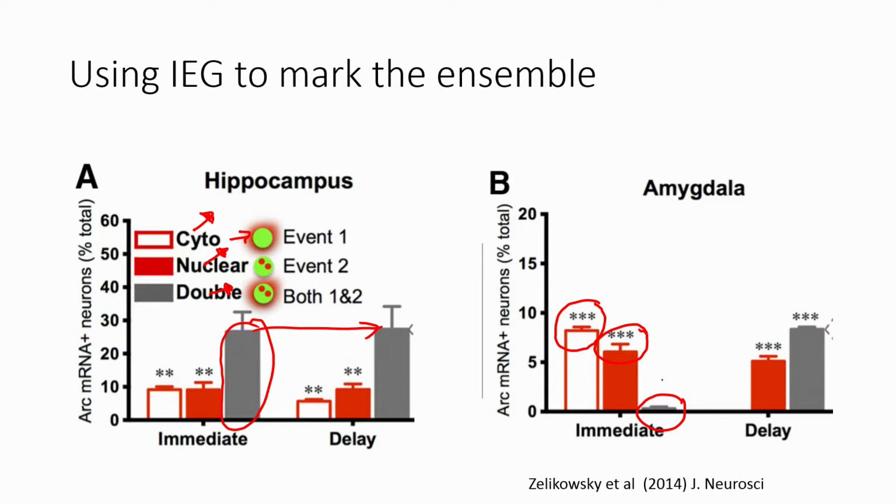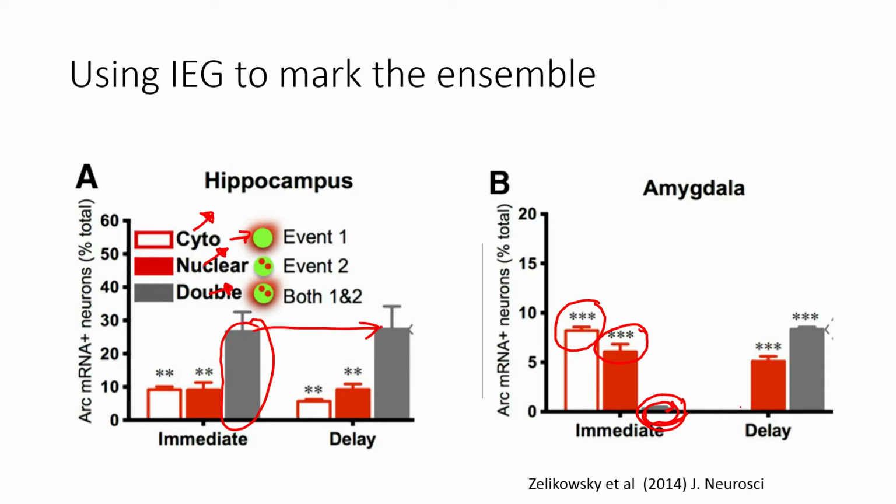The association is completely different, and the double label, which would truly represent the memory here, that is, how many of those that were active during the training are active during the retrieval, is negligible, 0.